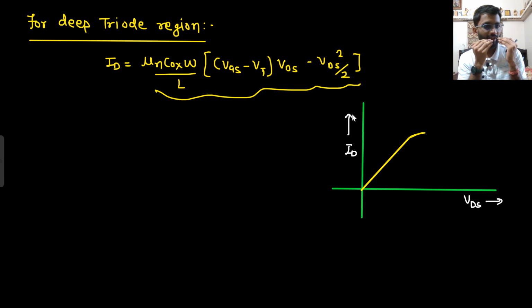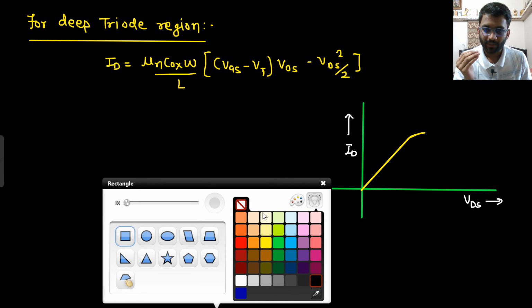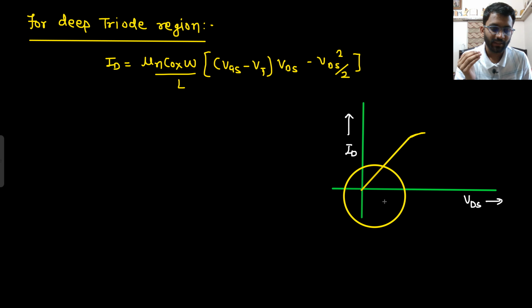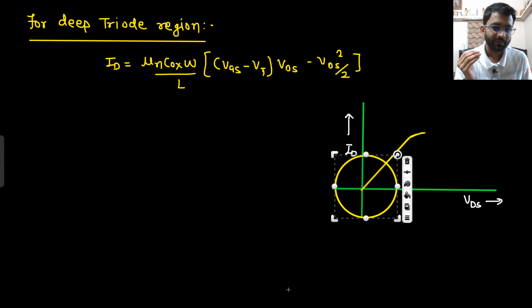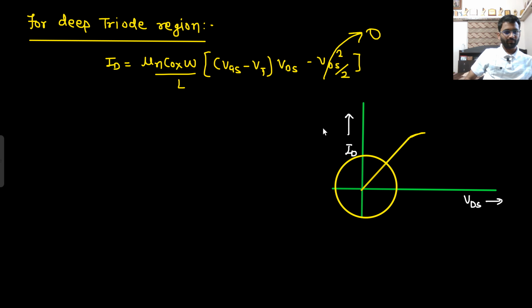But when the value of VDS is low, that means in this particular region, we can assume VDS square by 2 going towards 0. Are you getting this point? That happens in the deep triode region.